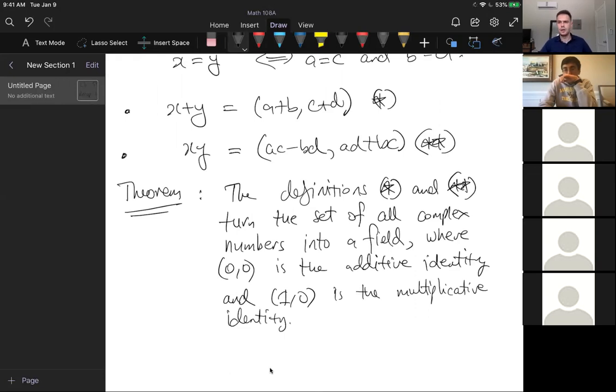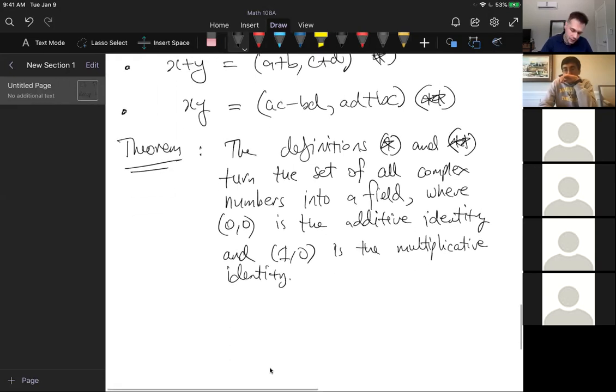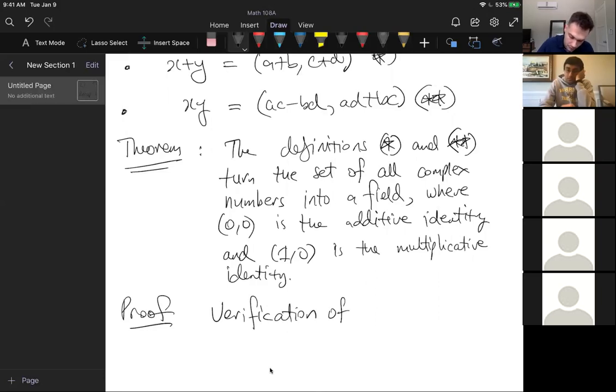The proof is just verification of the field axioms, which I'm going to spare all of us. See the textbook.